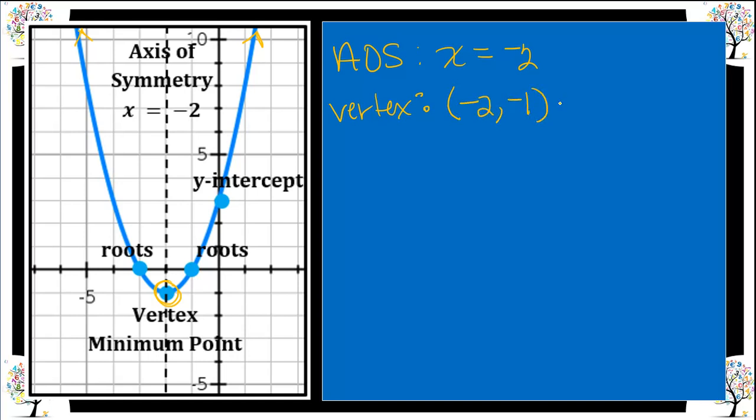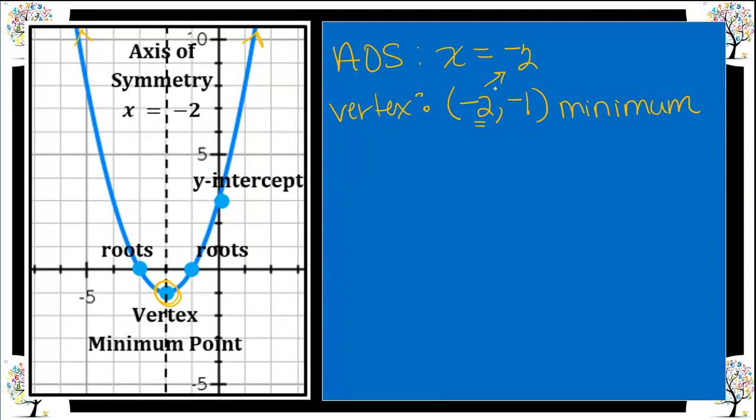The vertex is a minimum. It's the most bottom point of our graph. Now, I do want you to notice in our vertex, the x value is the AOS. That's going to be very important when we do intervals of increase and decrease.